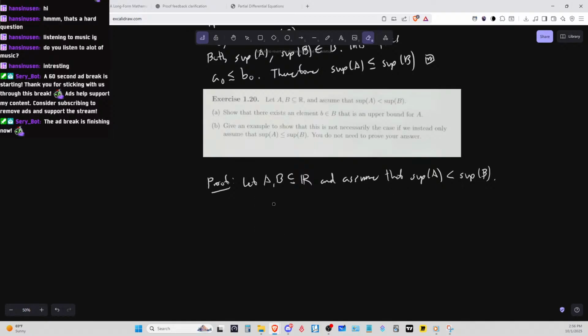So if that is the case, let delta be the difference, which is greater than 0.